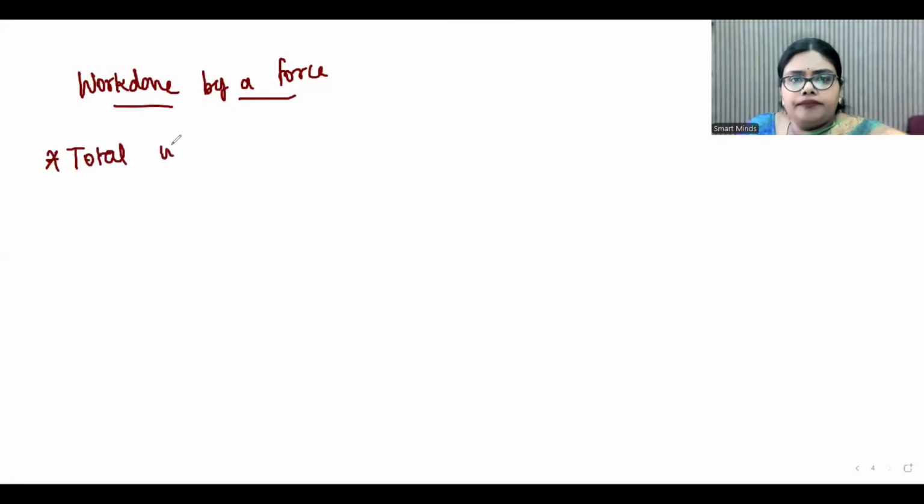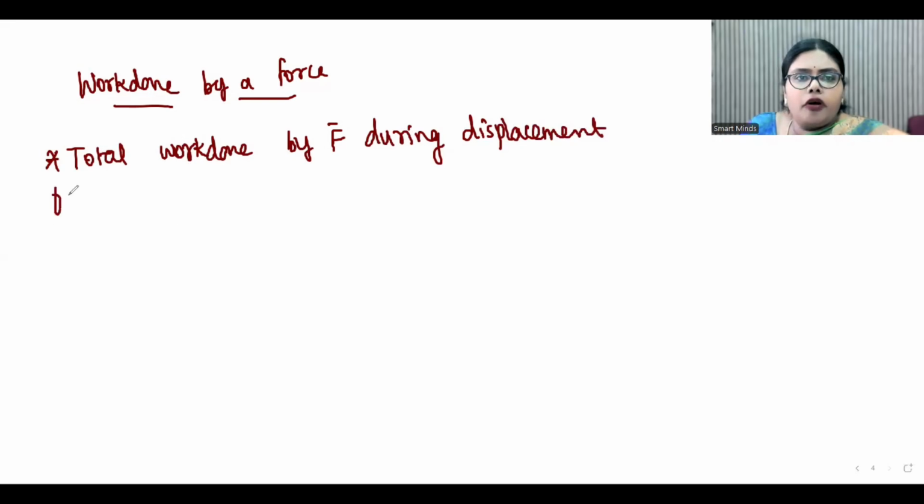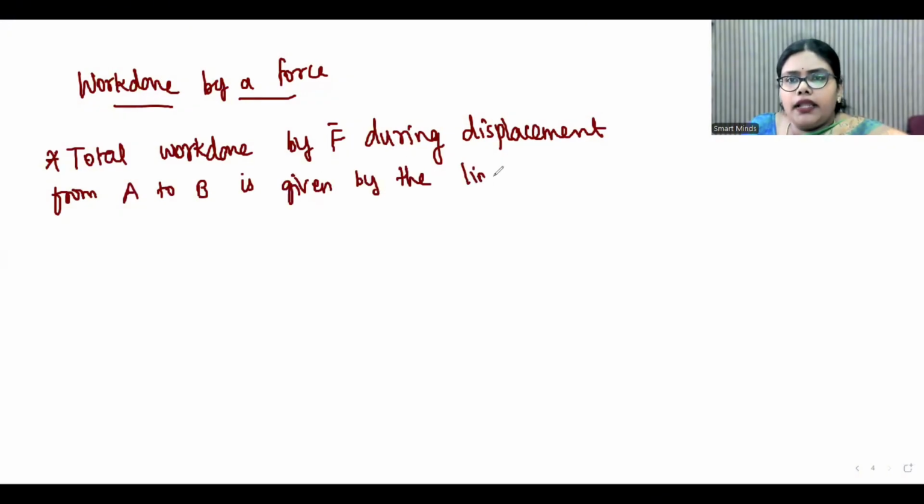Total work done by F bar during displacement from A to B is given by the line integral A to B f dr or f bar dr, because f bar is a vector.